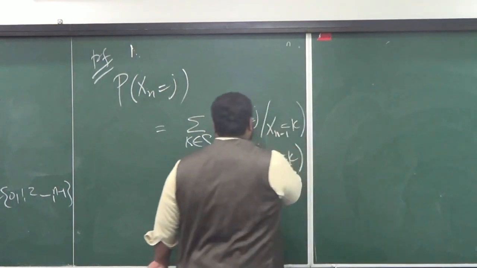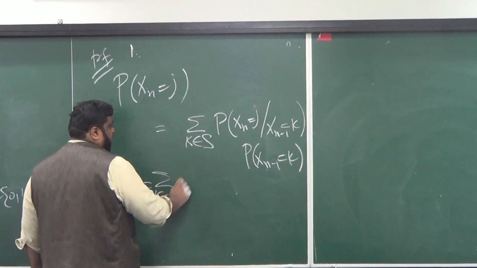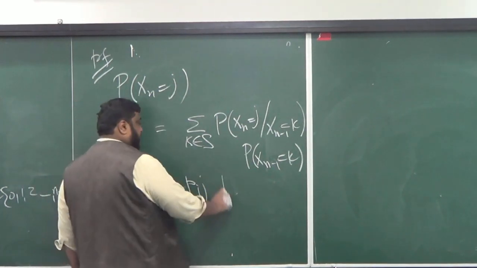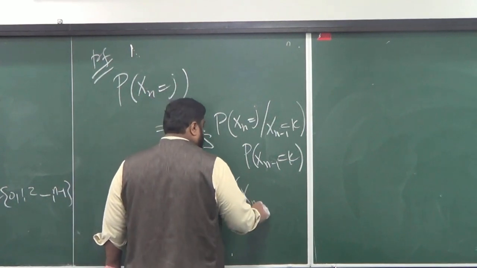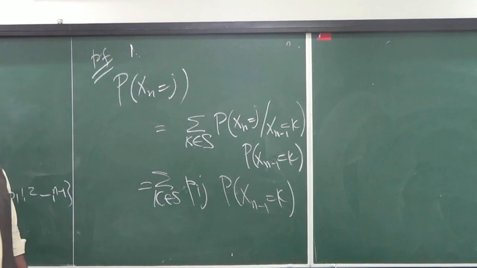Now what should this be? This is simply P_kj multiplied by the probability of X_{n-1} being k.